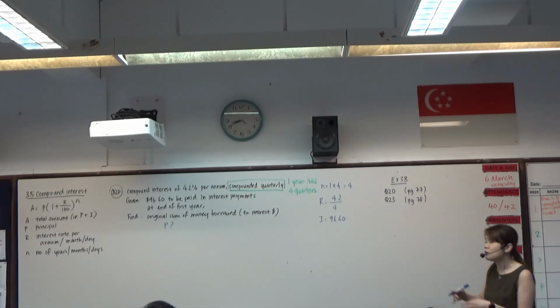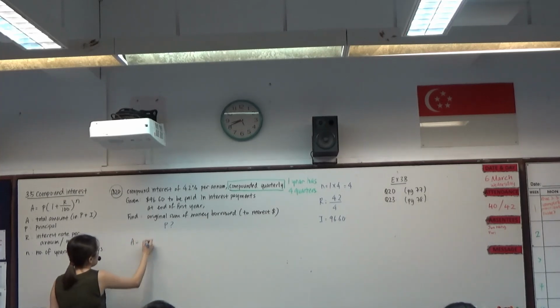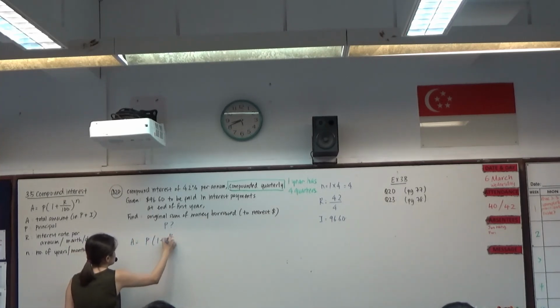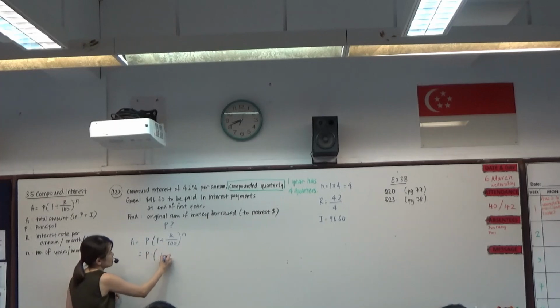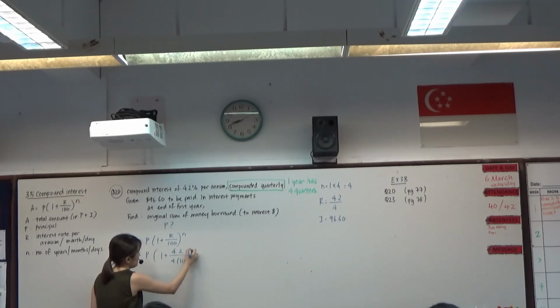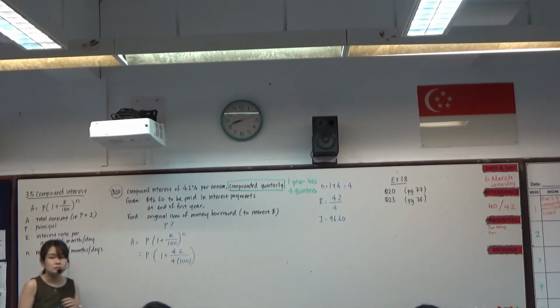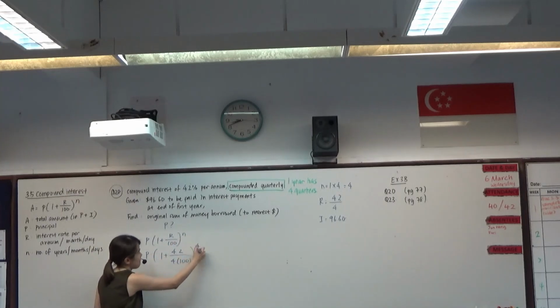So, if I were to use my formula that we have here, I will see that my principal amount is unknown. My R will actually be 4.2 over 4, for which you could express it in this manner also. Then after that, N will actually be 4.